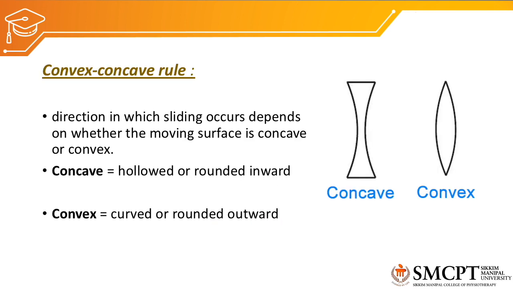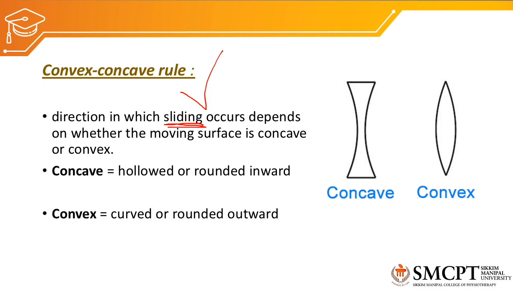Coming to a very important point here, the convex concave rule. We have to understand this concept for describing the arthrokinematic movement at the joint surface. Convex concave rule: the direction in which sliding occurs depends on whether the moving surface is convex or concave.